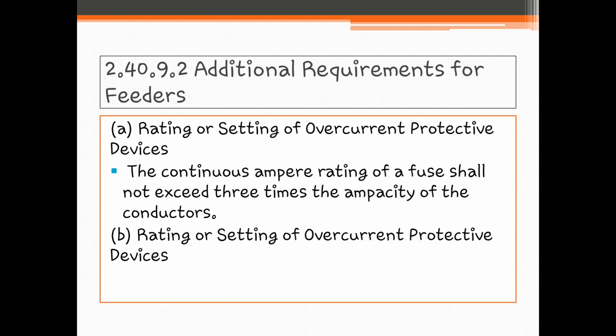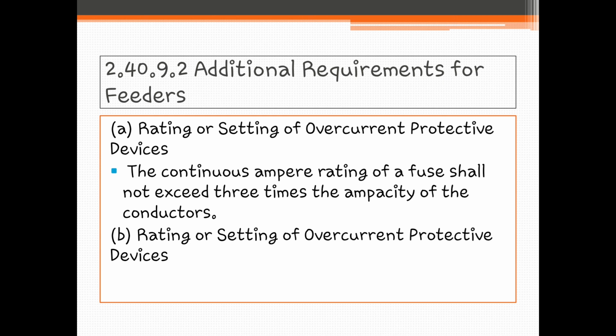So next is 2.40.9.2, the additional requirements for feeders. Letter A is rating or setting of overcurrent protective device. The continuous ampere rating of a fuse shall not exceed 3 times the ampacity of the conductors.